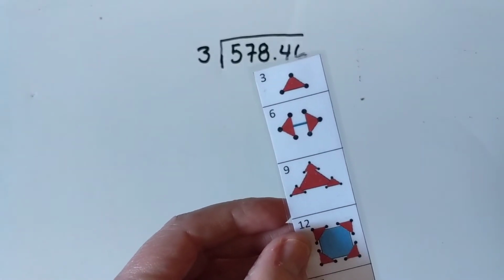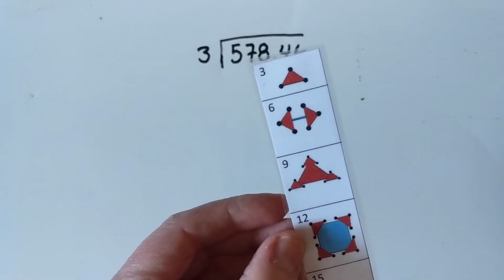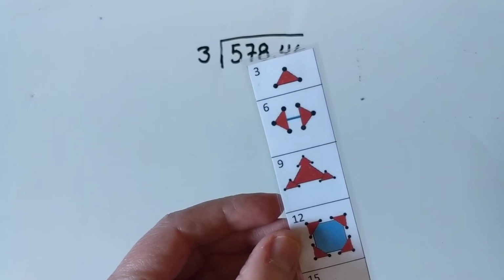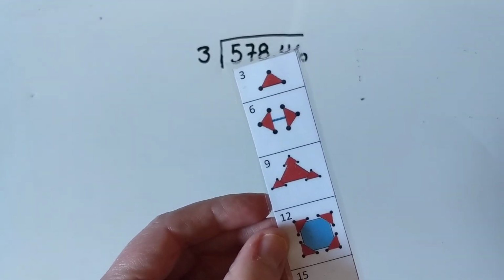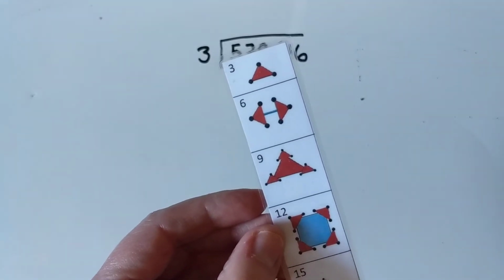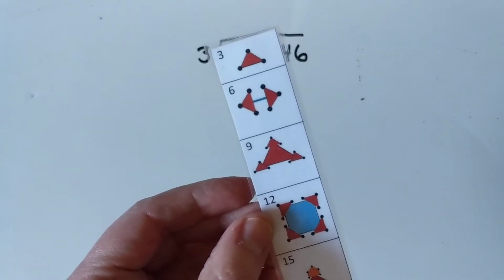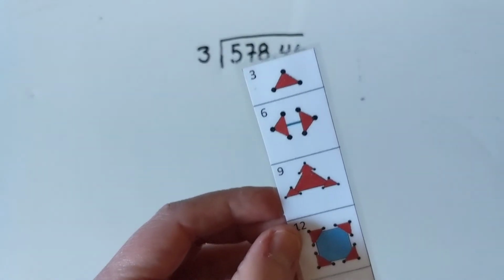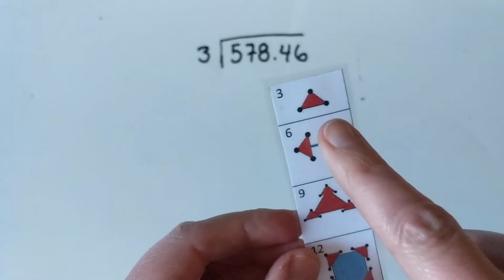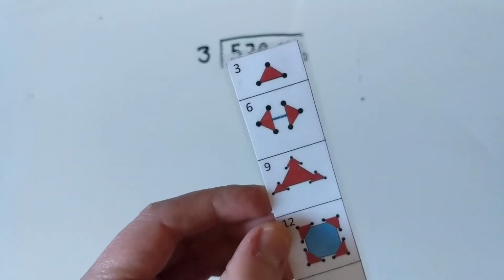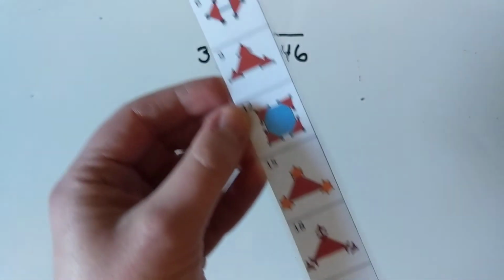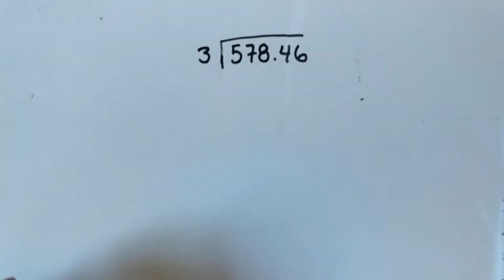Because sometimes it's hard to know what's the highest number that you can pull out that can be grouped into threes. So the fractal multiplication, you just grab the number 3 strip, and then you can use that as a reference for this question. So I'm just going to put that off to the side.